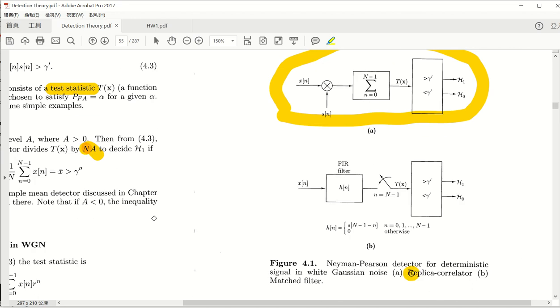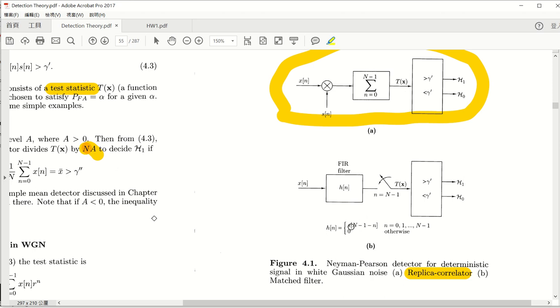This is a correlator. And the other thing is, if we have x of n coming to an h, we have to be very careful about this h, because we need to set h as a time reversed version of the signal. Remember that it's a time reversed version.